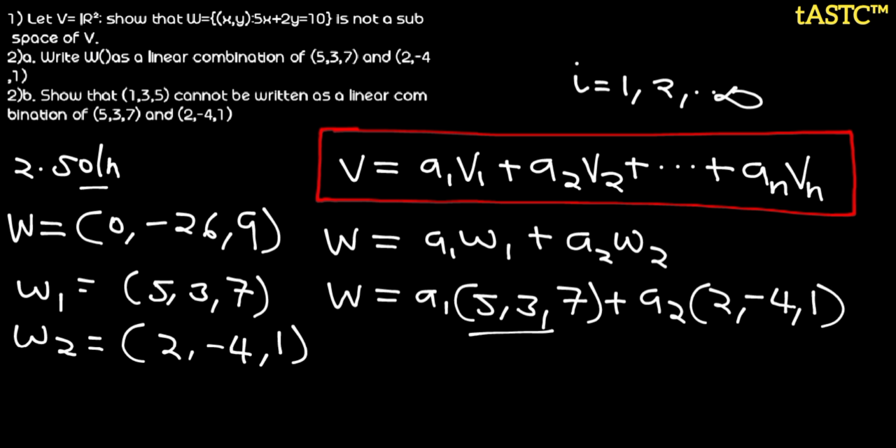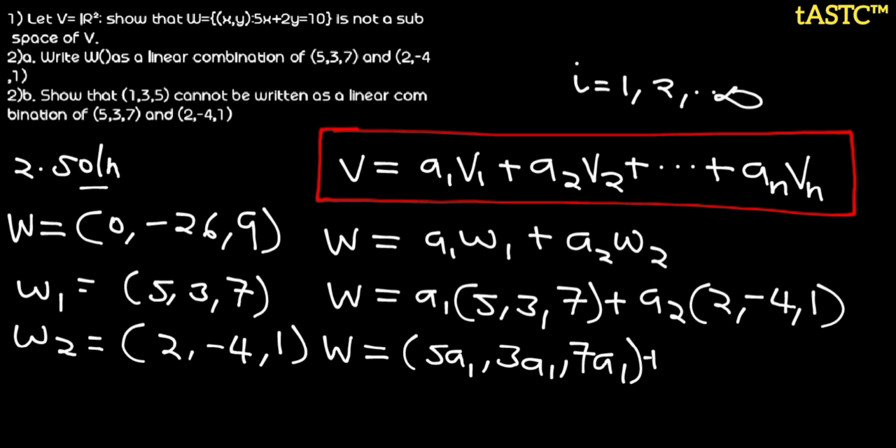And we need to expand these brackets using the constants. So W is going to be equal to 5 A1, 3 A1, 7 A1. And here we're going to have 2 A2, negative 4 A2, and here we're going to have A2. So that is what we have over there.